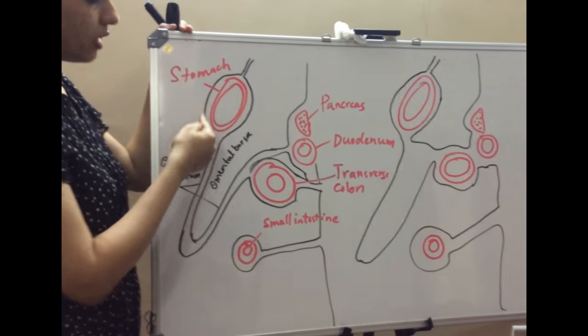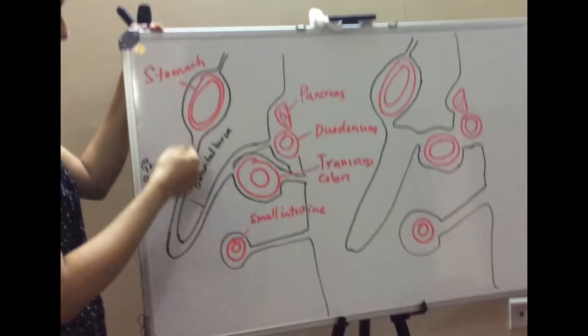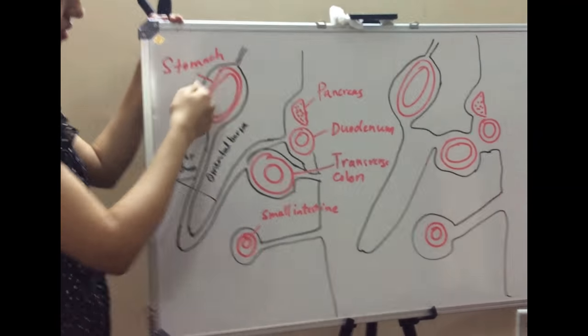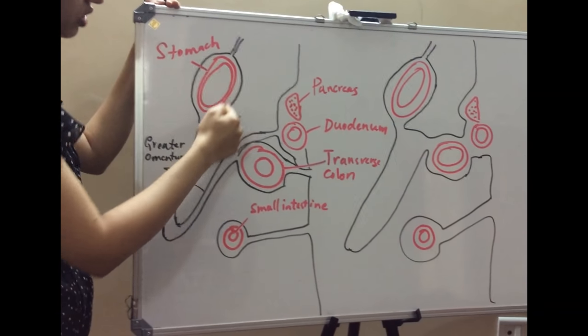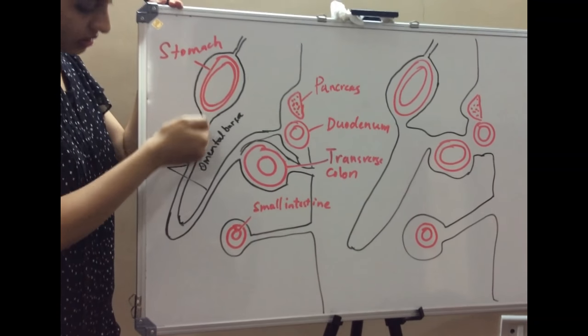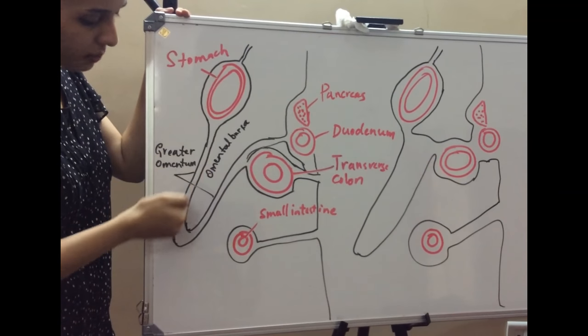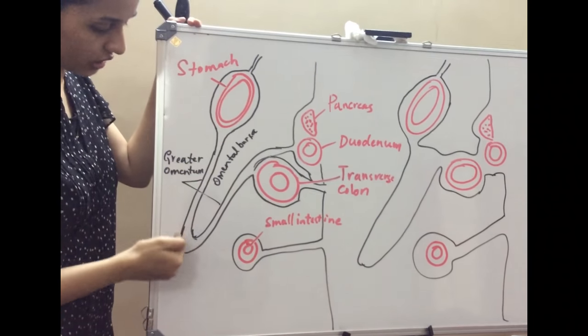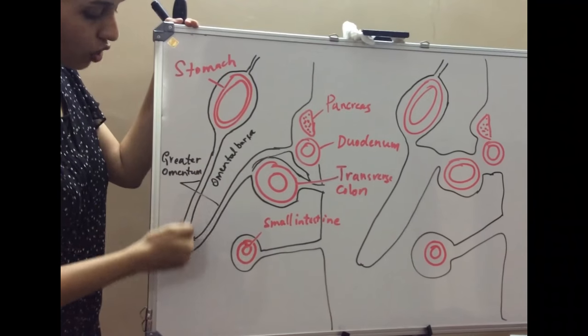As the stomach develops, this is the anterior leaf of the mesogastrium. This is the posterior leaf of the mesogastrium. Okay, so this leaf will form a sleeve or an apron-like structure in the anterior wall.